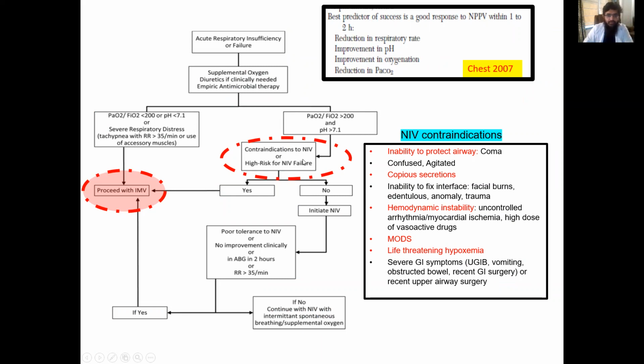If there's any contraindication to NIV or a high risk of failure, we go straight to IMV without delay. If the patient is less sick and there's less risk of failure, we can initiate NIV and monitor closely with clinical status and bedside ABGs, and if the patient is not showing any improvement, we go for IMV. The bottom line is we do not delay IMV, keep a close watch on NIV in suitable candidates, and subsequently decide our therapy.